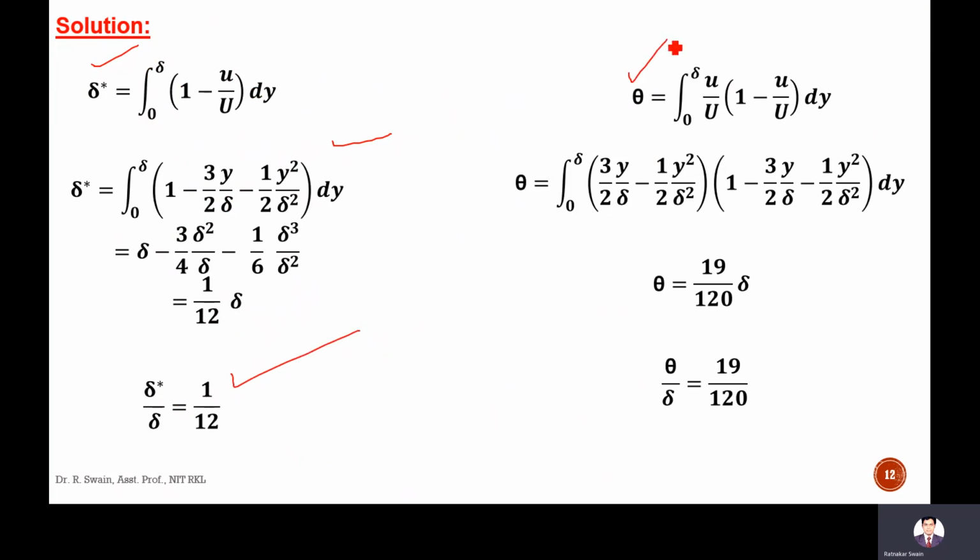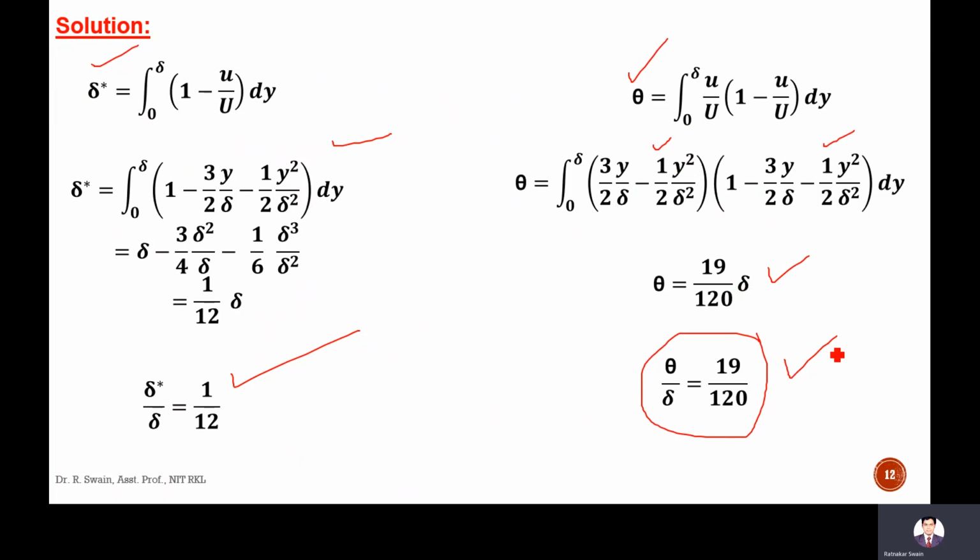Similarly, for theta it is u by capital U into 1 minus u by capital U, whole integration. Then you have to put the u by U expression here and here. Then we can multiply and integrate, and the final value will become 19 by 120 delta. So theta by delta will be 19 by 120. This is the answer for the ratio of momentum thickness and boundary layer thickness.